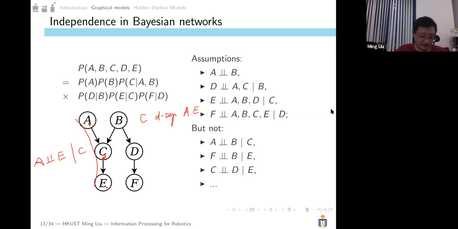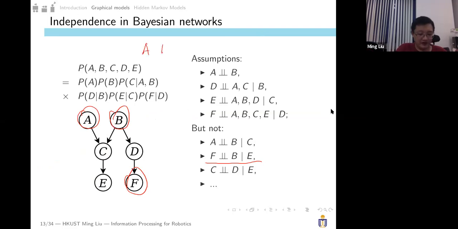Another thing is if you talk about A, B, and F. This is not F, this is E. Let's first look at F. Given F, what about A and B?